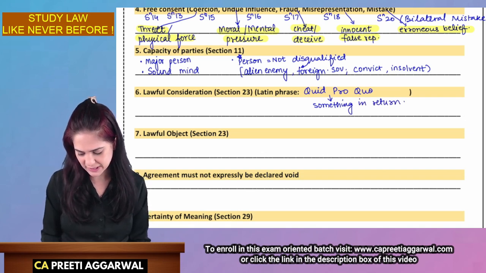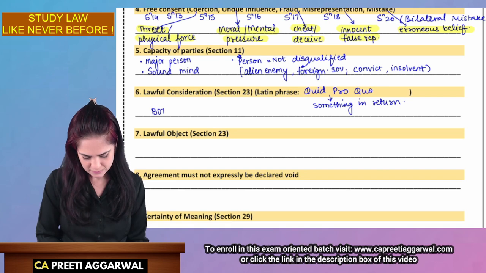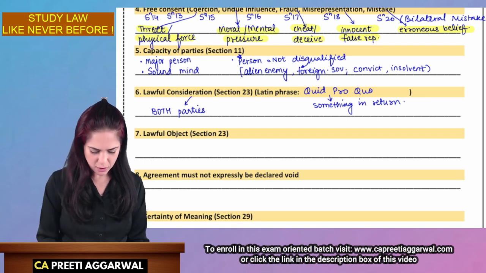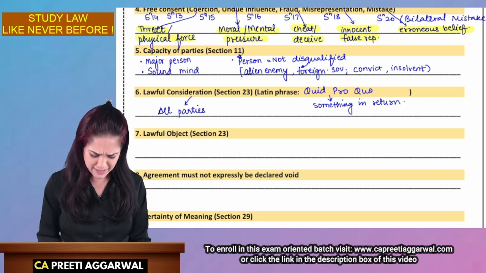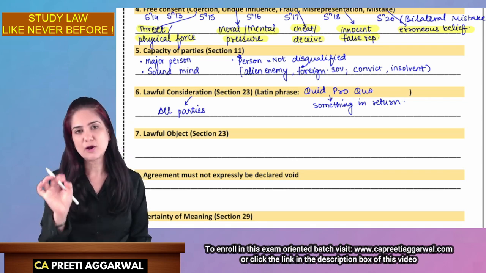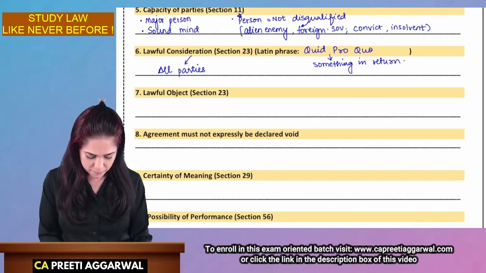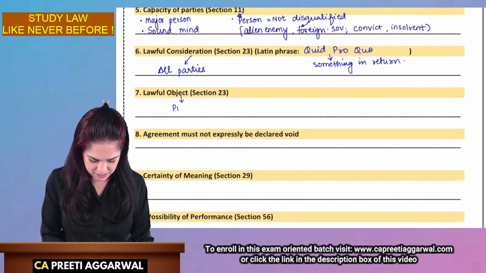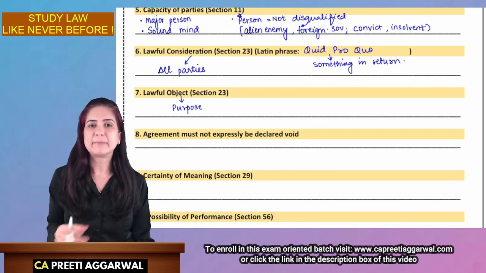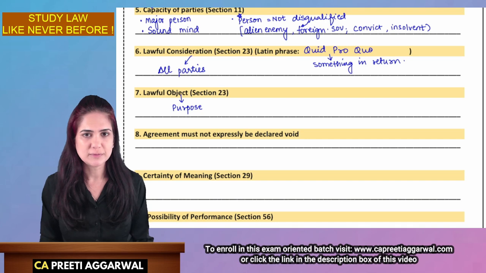Both parties must get something in return. There must be consideration for both the parties, or you can write all the parties if there are more than two. And this must be lawful, accepted by law. It must be legal. Object is the purpose for which we are entering into contract. That purpose must be lawful.